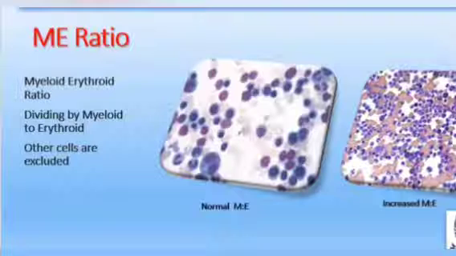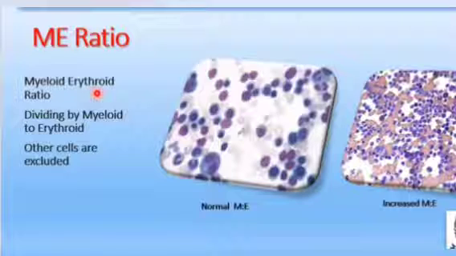The other thing that you are looking for is the ME ratio, and it is also very important in the examination of the bone marrow. What is the ME ratio? It is the myeloid to erythroid ratio.